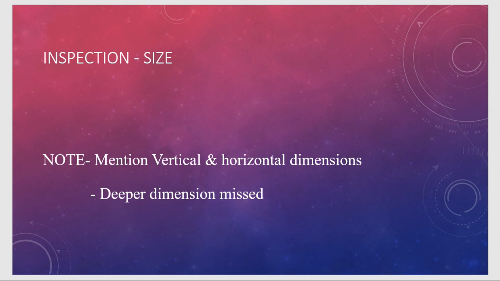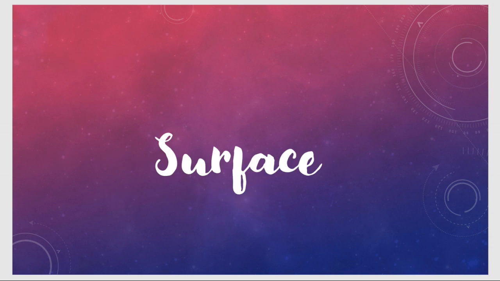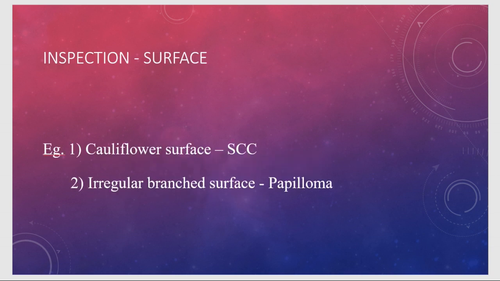At least we should record the vertical and horizontal dimension if we have, or I should say we are supposed to have, a measuring tape, right? Without touching the patient, without pressing it, just measure the vertical and horizontal dimension on inspection. The third dimension, the depth, obviously we cannot comment upon. So shape, size, and finally the third S, surface.